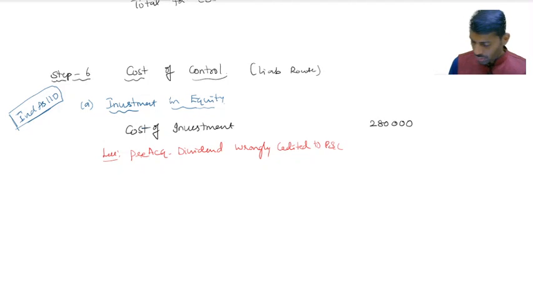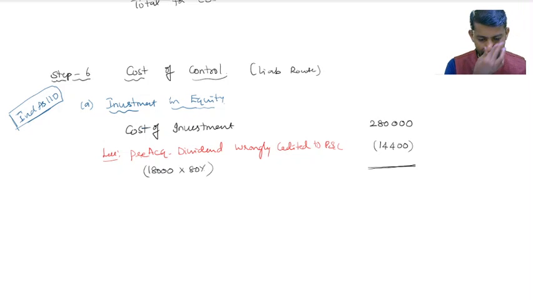How much was the pre-acquisition dividend? It is, I believe, 18,000 into 80%, since I'm in equity investment, which amounts to 14,400.